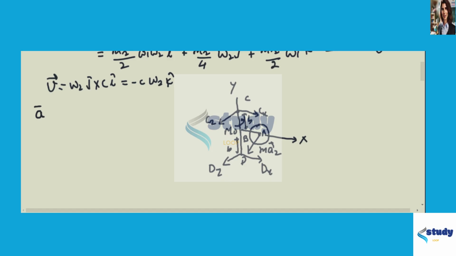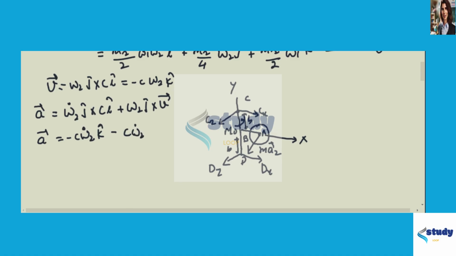So acceleration of A, you can write as rate of change of angular velocity omega 2 j cap cross C i cap plus omega 2 j cross the velocity. So this can be written as acceleration: minus C rate of change of omega 2 with time k cap minus C omega 2 square i cap.